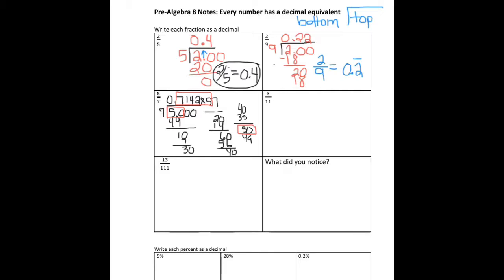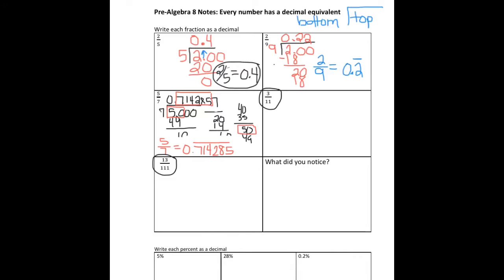So 5/7 equals 0.714285. 2, 8, 5. All of it repeats. That whole section repeats. So you are going to do 3 over 11 and 13 over 111. I want you to pause the video and go ahead and do those.